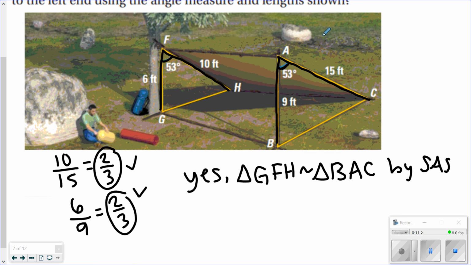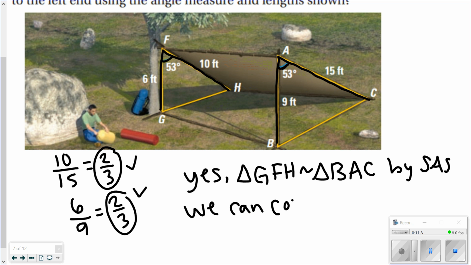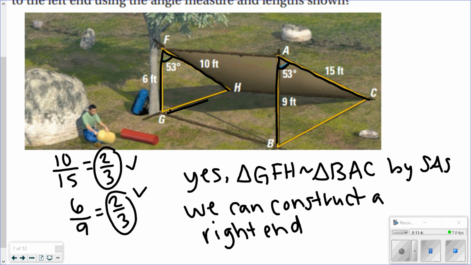So yes, we can. So we can construct a right end. And that's just saying, can you create this line and this line?